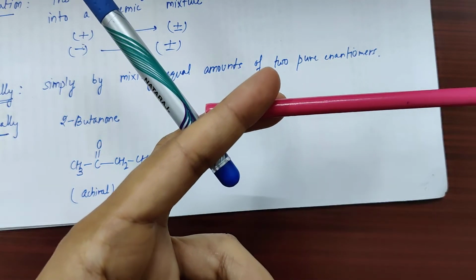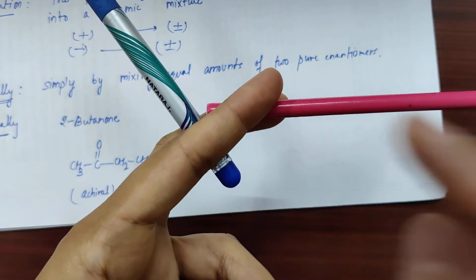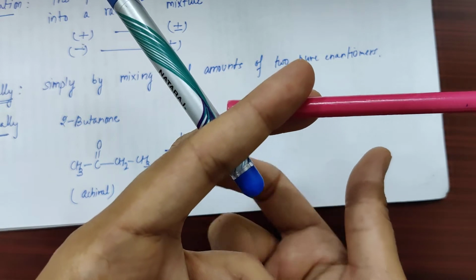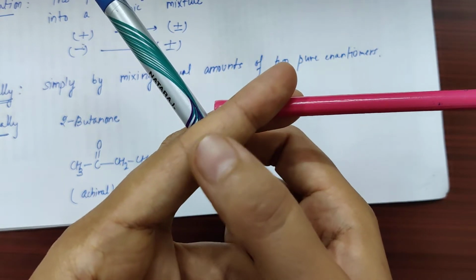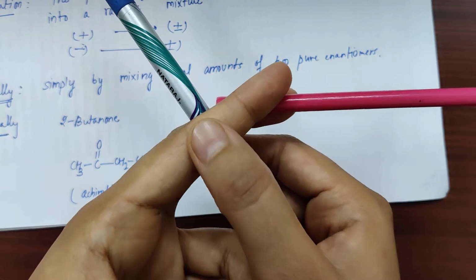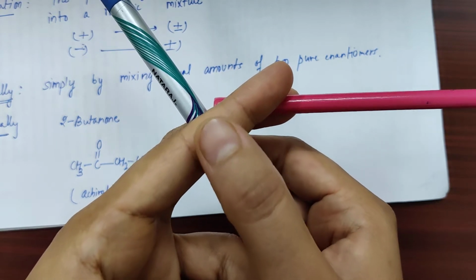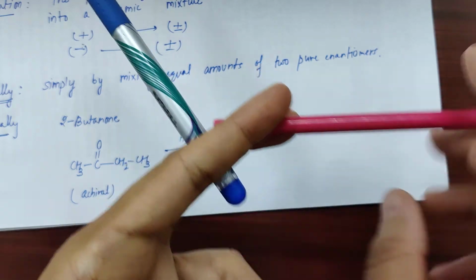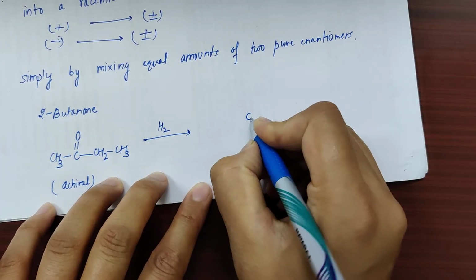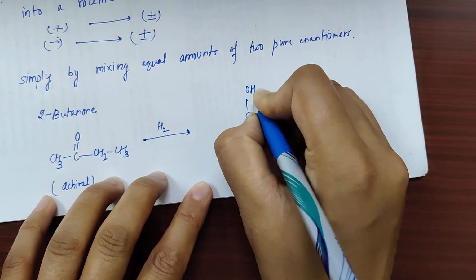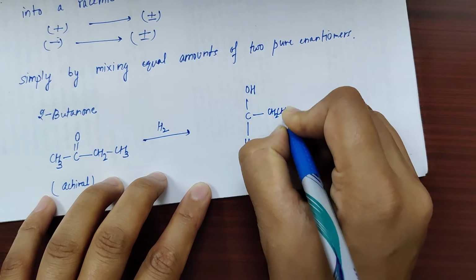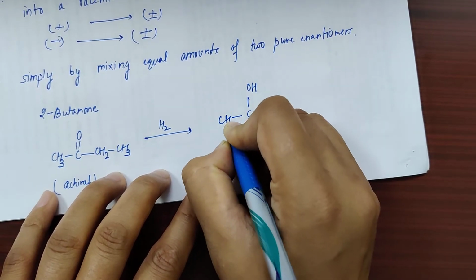There is a possibility that the attack takes place from this side or from the bottom side. So due to the equal possibility of attack, equal amounts of both the enantiomers will be formed. The carbon atom will have these two groups attached, and these were already there.